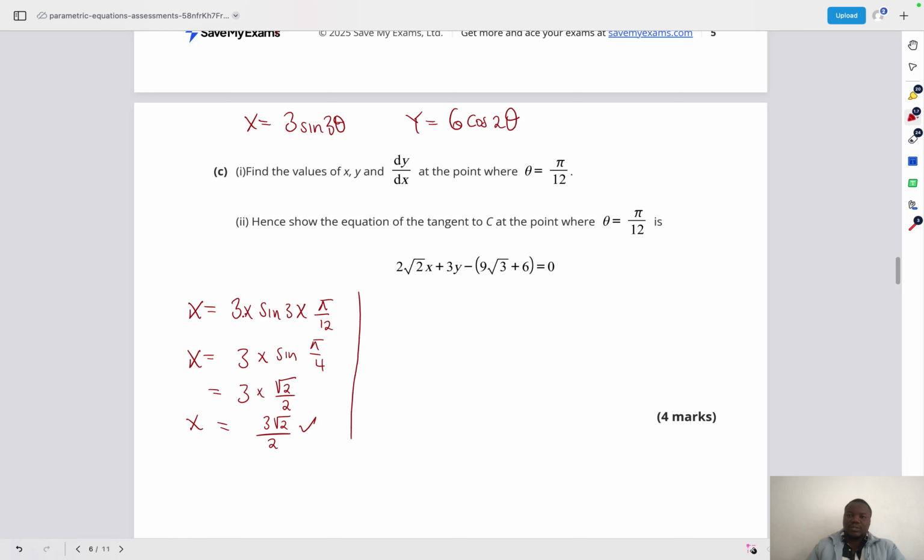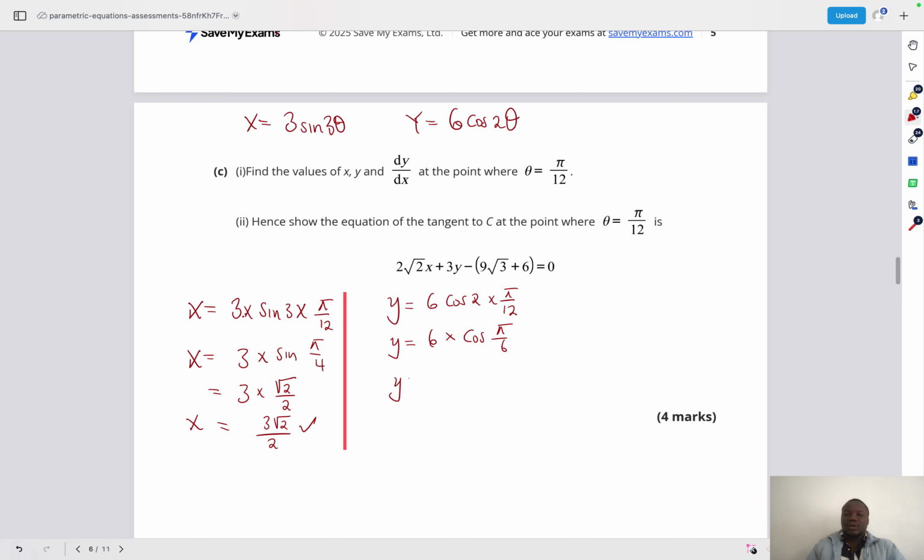Then we are going to do the same for finding the value of y. I'm going to create space here. We know that y is 6 cos 2 theta, but where there is theta, I'm going to put pi over 12. Then y equals 6 times cos of 2 pi over 12, which is pi over 6.